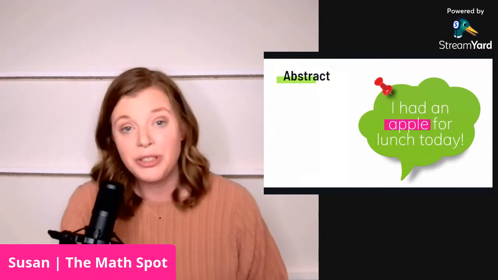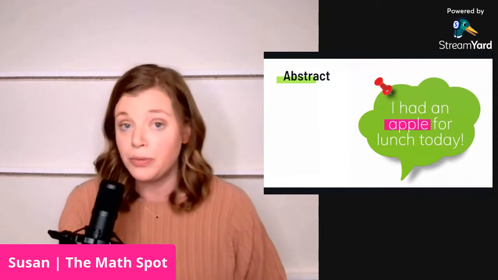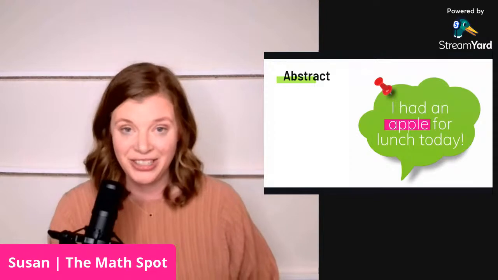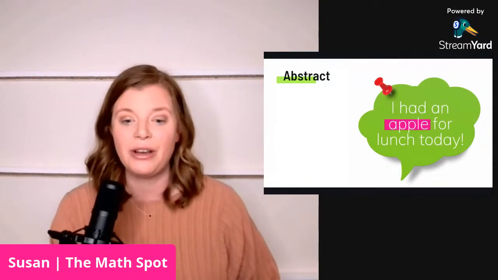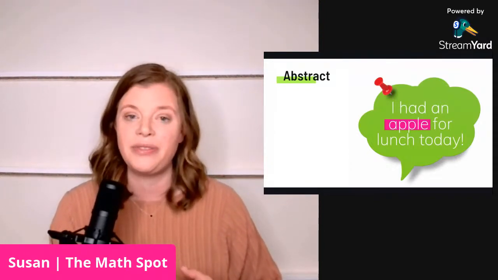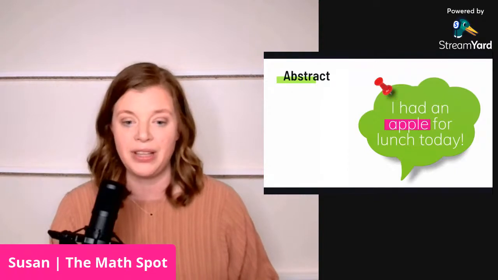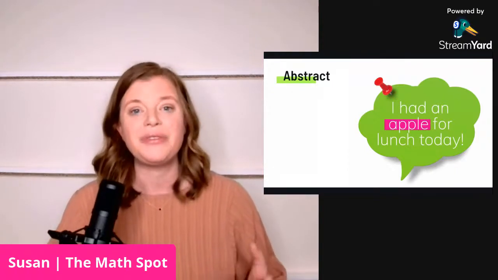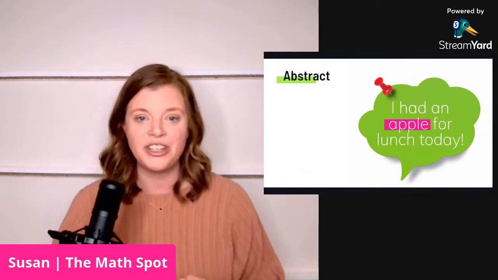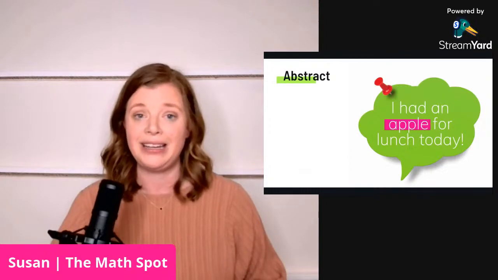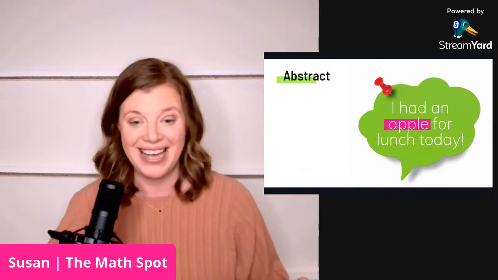They might be able to infer that an apple is food because you said you were going to have it for lunch today, but they're not really very well supported in terms of their understanding of what an apple is.